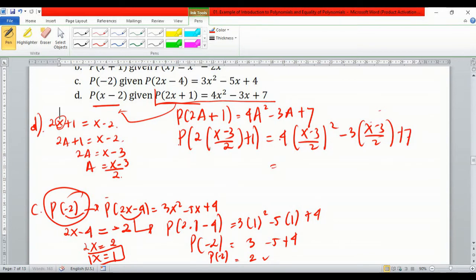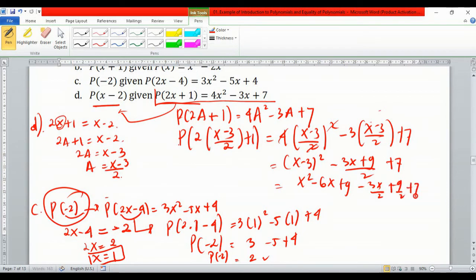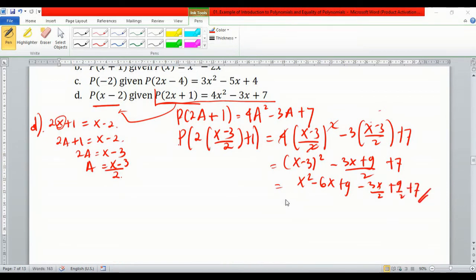So this one we can cancel. So this one is (x minus 3) power 2 minus 3x plus 9 over 2 plus 7. Or you can simplify this one to be x squared minus 6x plus 9 minus 3x over 2 and then plus 9 over 2 plus 7. Okay, from here we multiply all of them by 2.